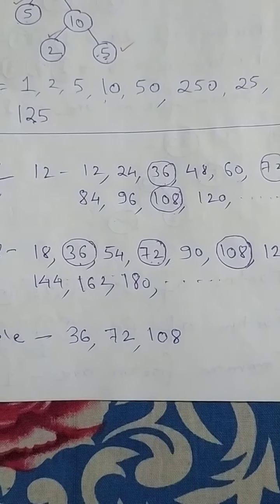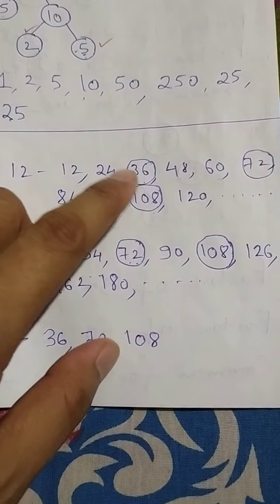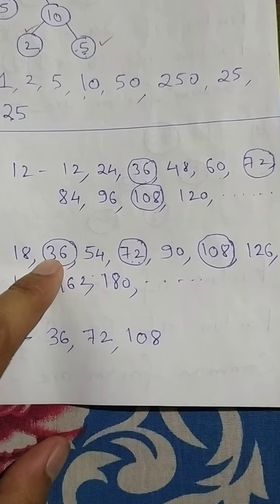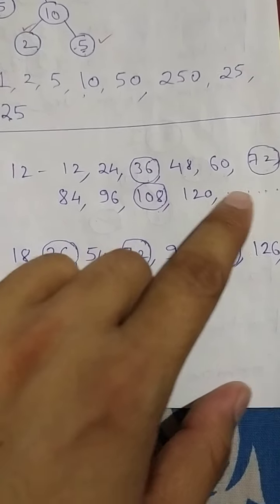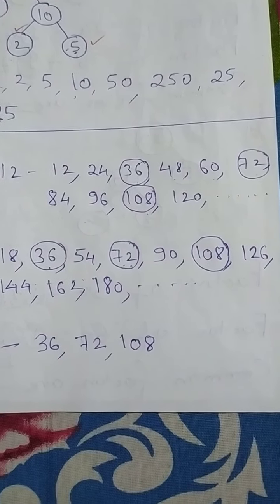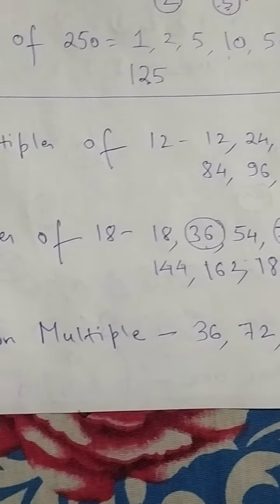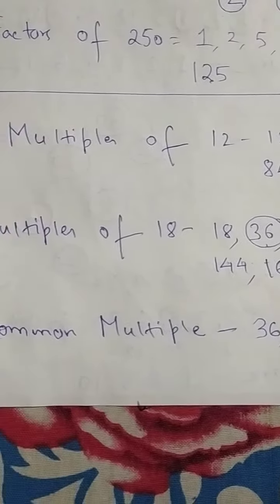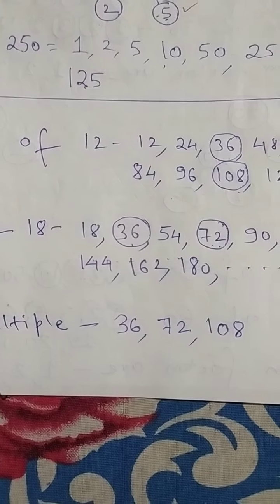Now what are the common multiples you can see? First 3 common multiples: the first is 36. You have to just circle it, okay? Then second one is 72, and the third one is 108. So the common multiples are 36, 72 and 108.